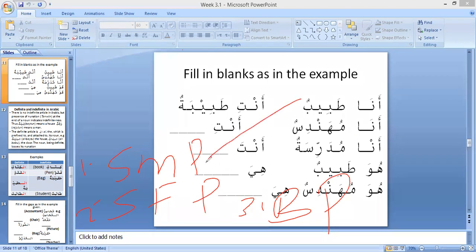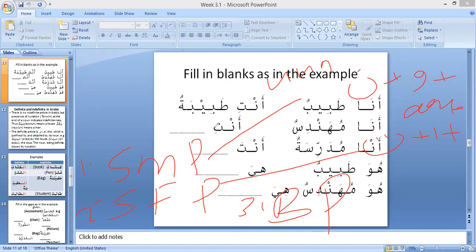This one is plus wa plus na, that's un, right? This one is plus alif plus ta, at, that long vowel. Are we together?